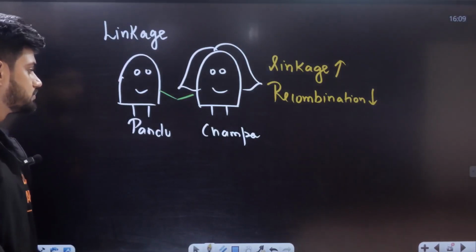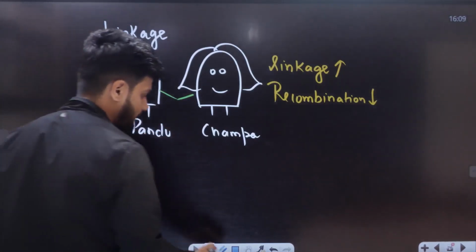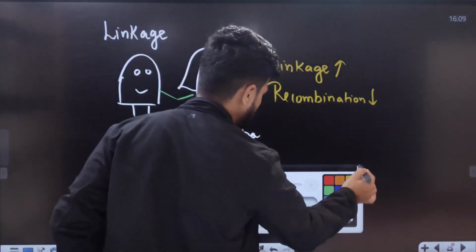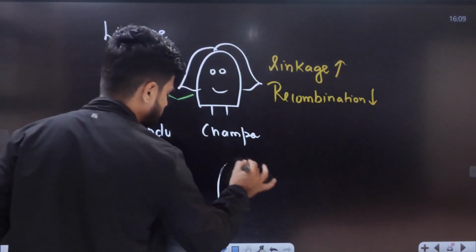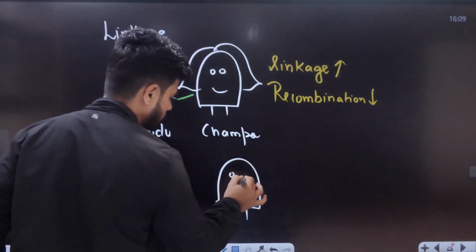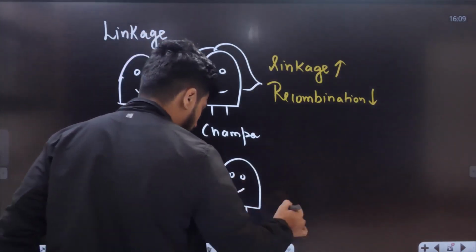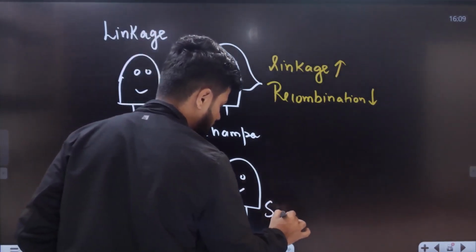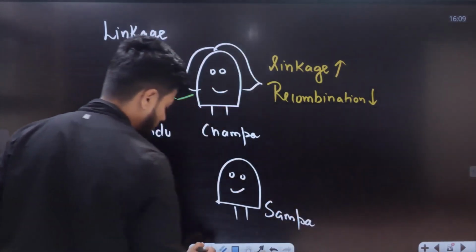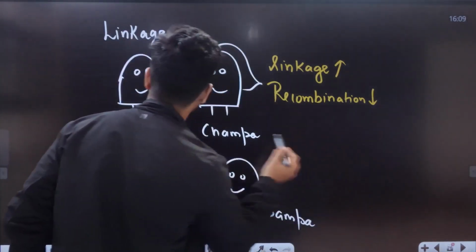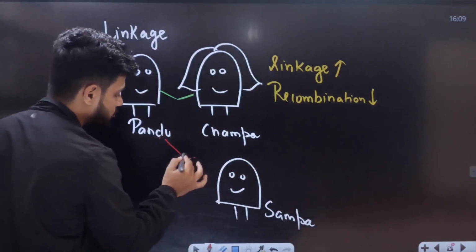Now students, Pandu has one more friend here. Her name is, let's say, Sampa. Now the bond between Pandu and Sampa is not very good.